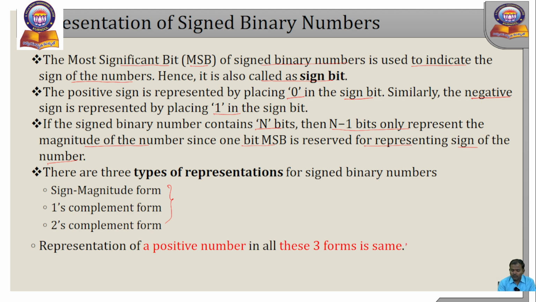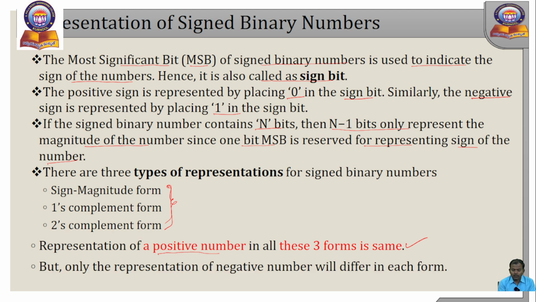This is one of the important points to remember. The representation of a positive number in all 3 forms is the same. If I take any positive number, it will be represented the same in any of these 3 forms. Only the representation of negative numbers differs in each form.